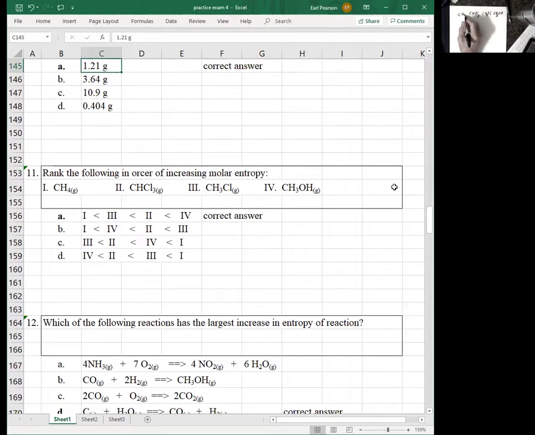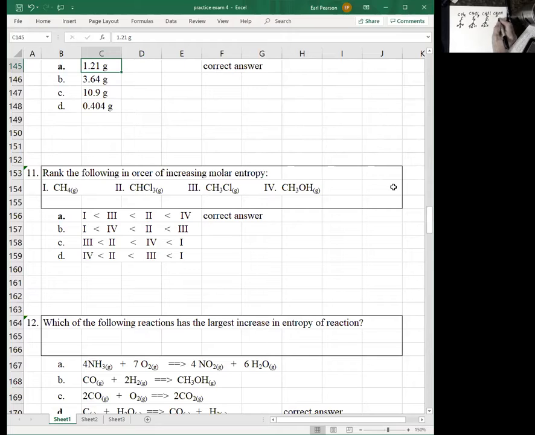In this case, CH4 has 5 atoms: a carbon with 4 hydrogens. CHCl3 also has 5 atoms and is similarly shaped: 1 hydrogen and 3 chlorines. CH3Cl still has 5 atoms, with the same basic shape: a carbon, 1 chlorine, and hydrogens in the other places.